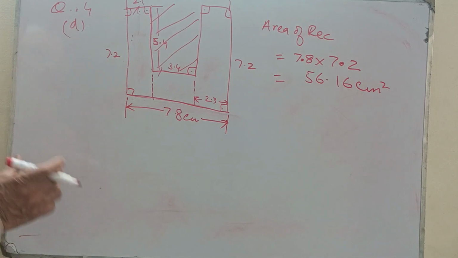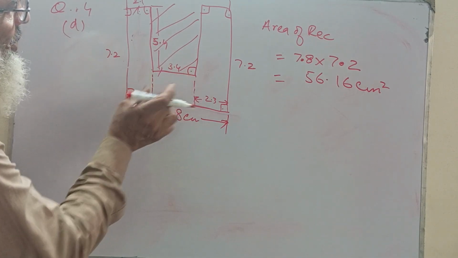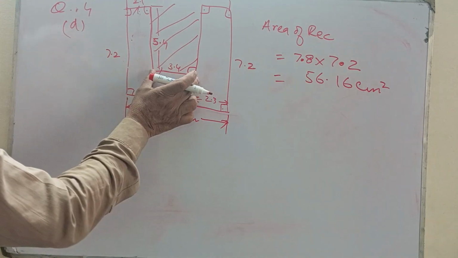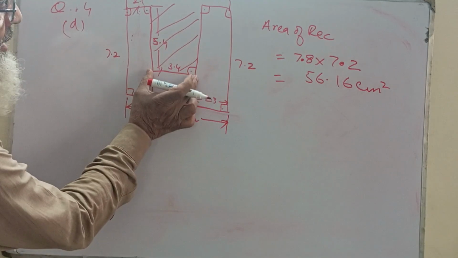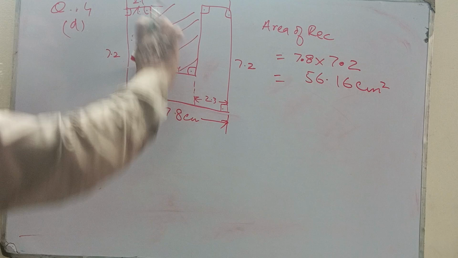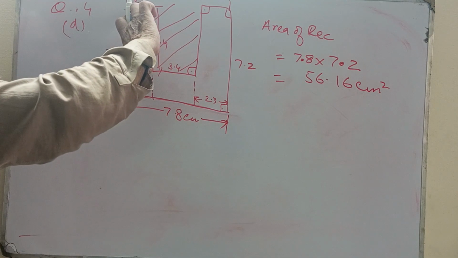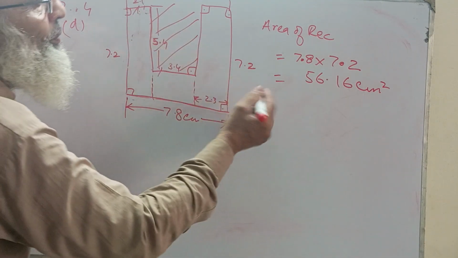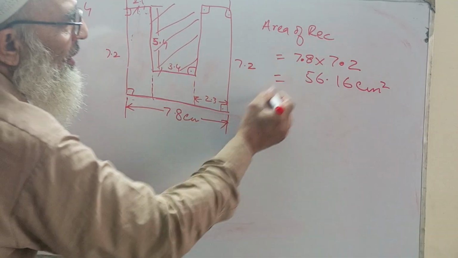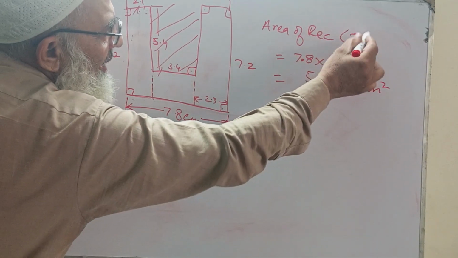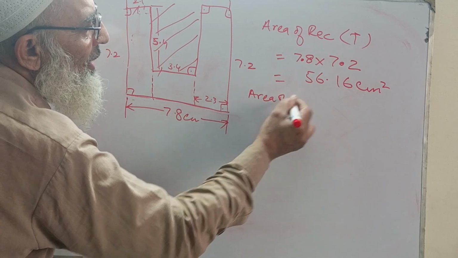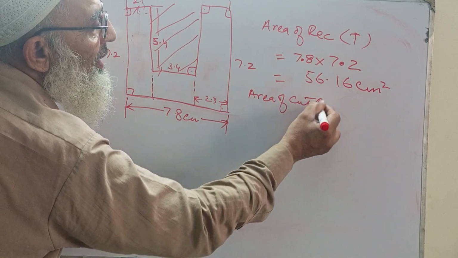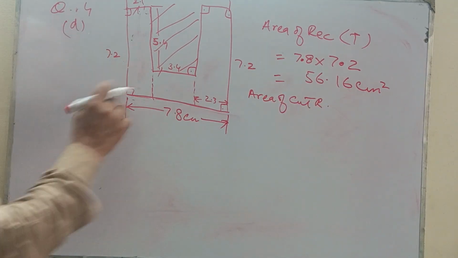Now this side is given, and this is also given, this is 3.4. Yes, this cut piece is 3.4 and this one is 5.4. Now minus the area of the cut rectangle.